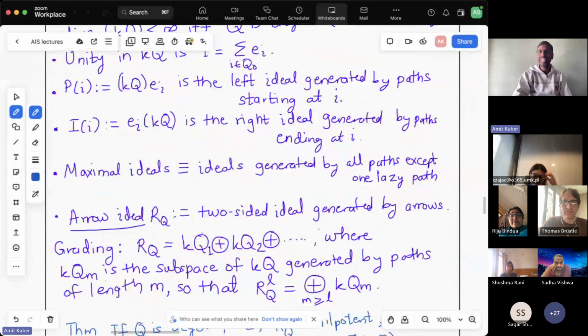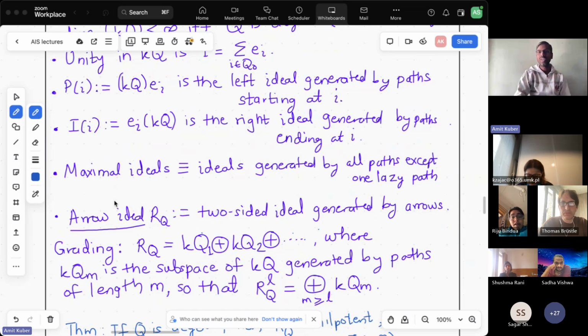Again, I'm only trying to convince you here that these are ideals generated by all paths except for one lazy path. And therefore, what will be the intersection of all the maximal ideals? It will be the ideal generated by all positive length paths, because one lazy path is missing in each maximal ideal, so you simply remove all of them when taking the intersection.